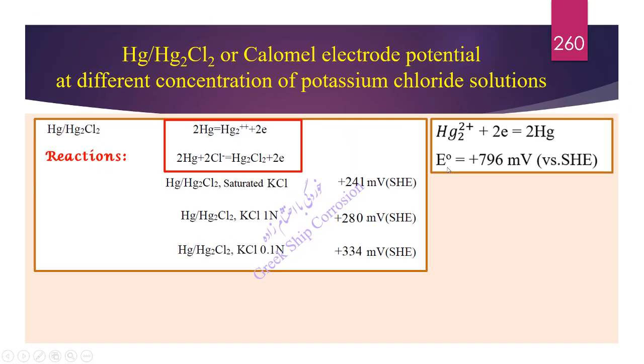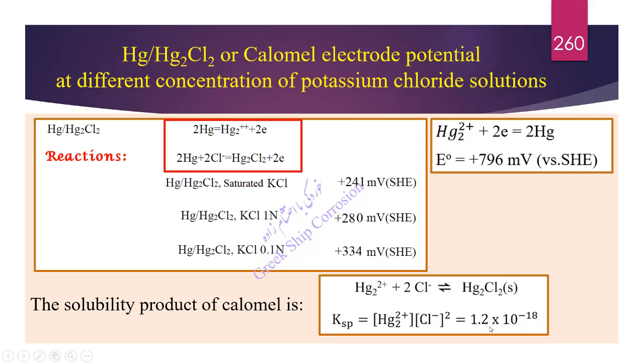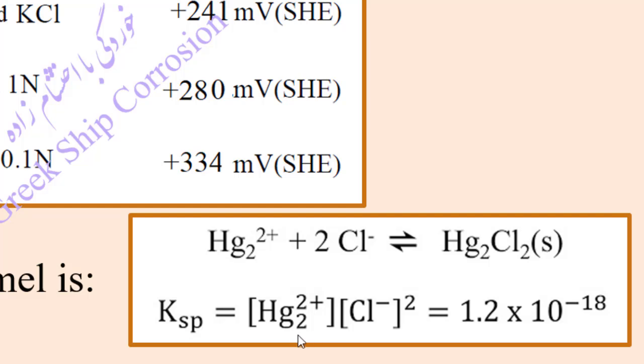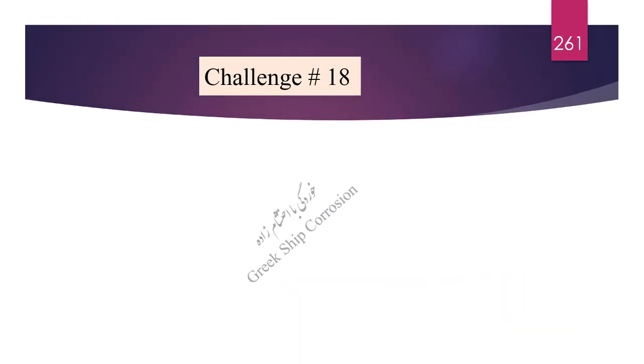The standard potential of the mercury half cell equals positive 796 millivolts versus SHE. The solubility product of Calomel is 1.2 times 10 to the negative 18. The product of the concentration of Hg2^2+ and Cl-, each one raised to the stoichiometric coefficient in the precipitation reaction.